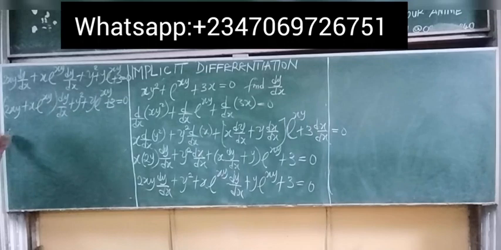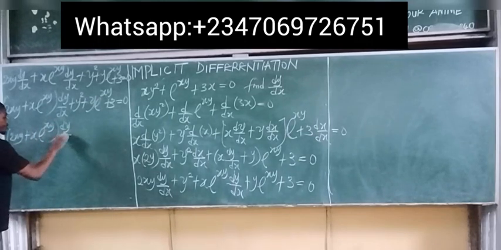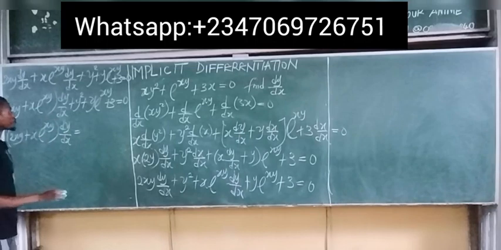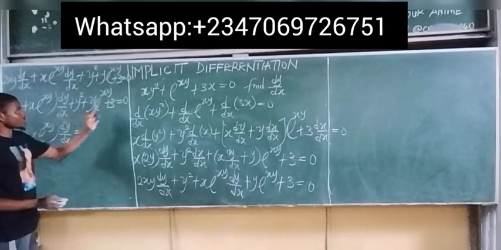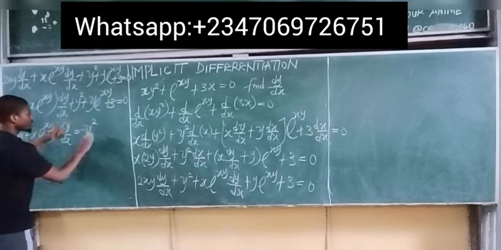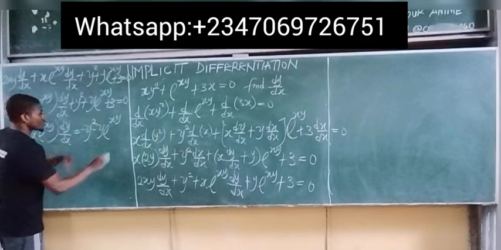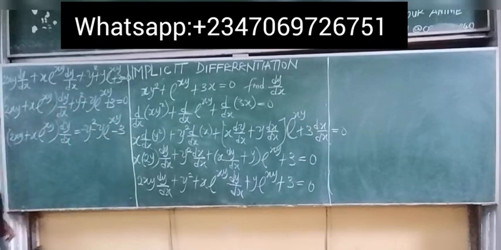So we simply have (2xy plus x e^(xy)) multiplied by dy/dx, and that's equal to positive y squared; crossing the equal to sign becomes minus y squared. Same thing here, minus y e^(xy), of course, minus 3. So to make dy/dx the subject, divide all through by this variable attached to the dy/dx.